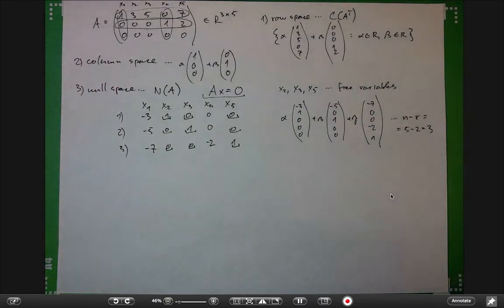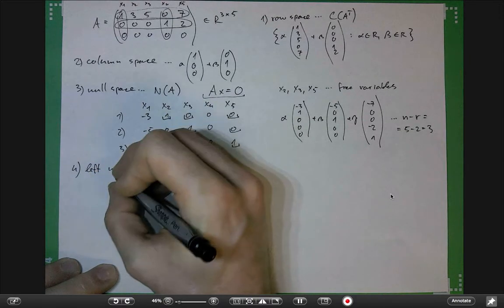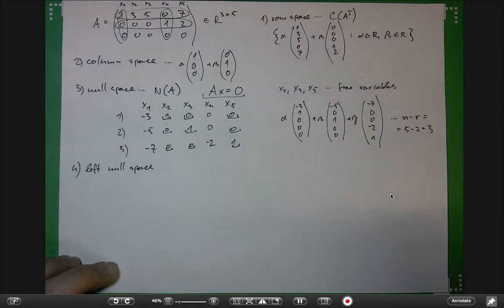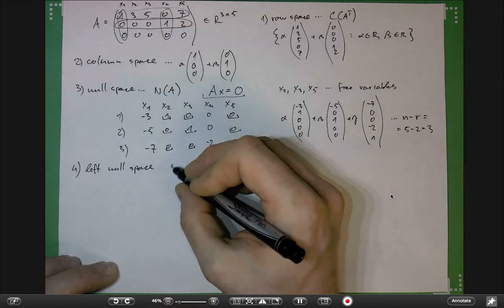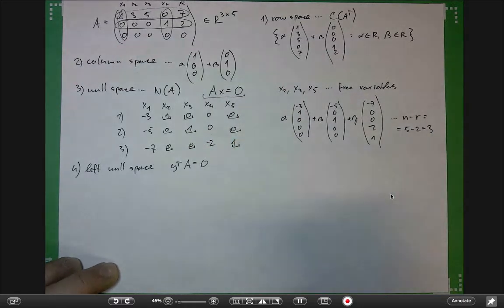So how about the last guy, the left null space? Turns out to be simple. So the left null space is defined as y transpose A being 0. So what does that mean?